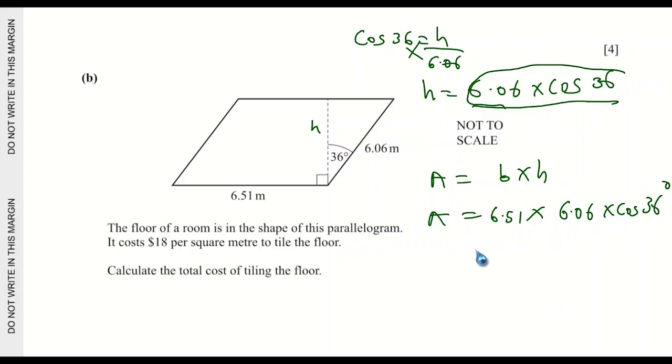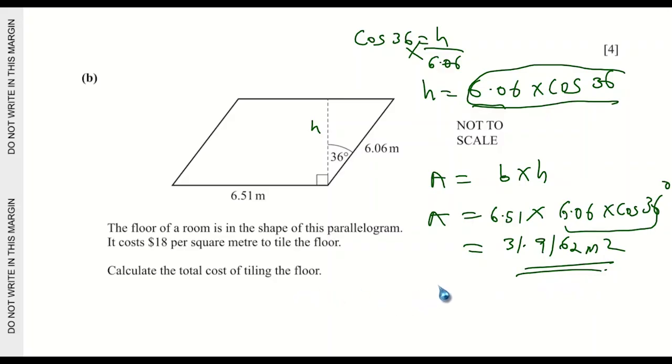If you input this into your calculator, you can take it bit by bit, or do everything at once. You should get the area to be 31.9162 square meters.